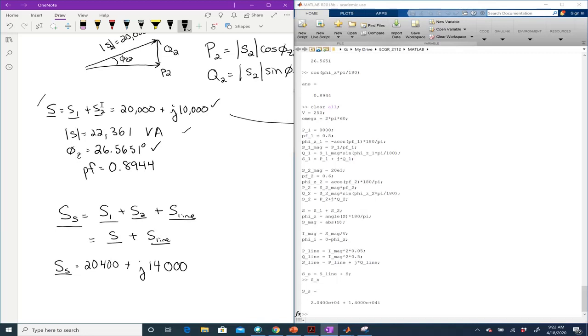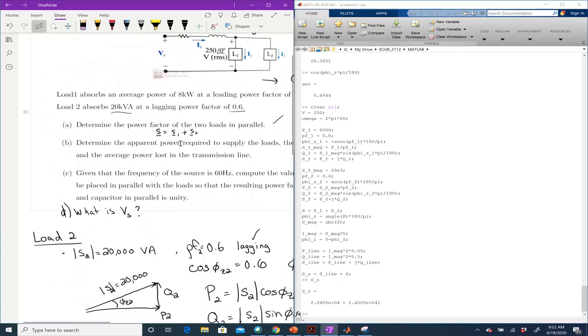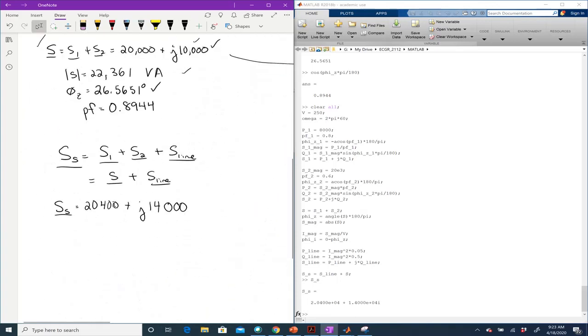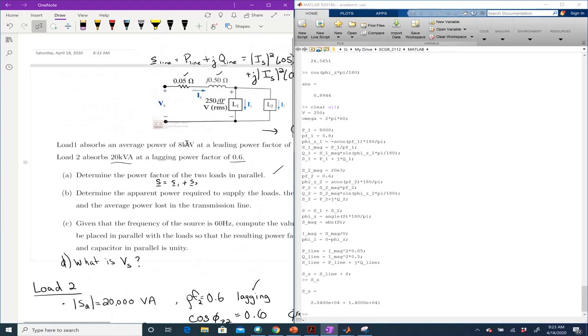Okay, so 20,400 plus J 14,000. So notice there's an extra 4,000 VARs, which is going into this guy, and there's an extra 400 watts here, which is going into the resistor.